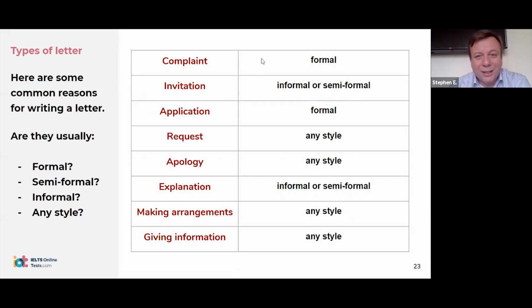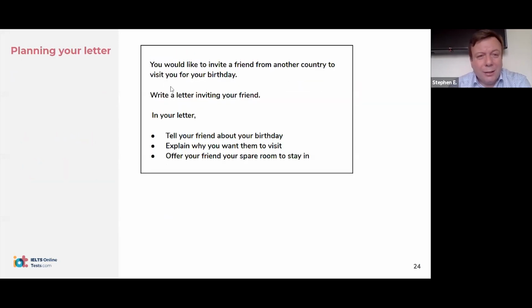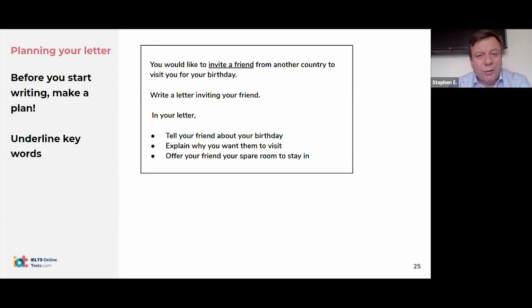Okay, so planning your letter. Before you start writing, make a plan. So underline keywords. So we've got invite a friend. What are other keywords in there? What other keywords do we have?